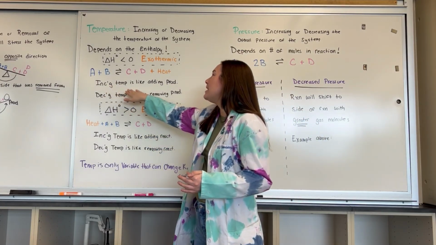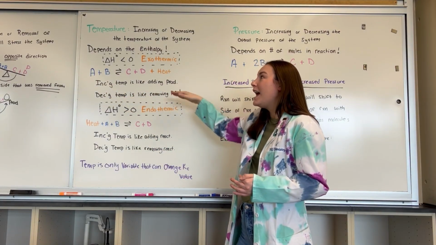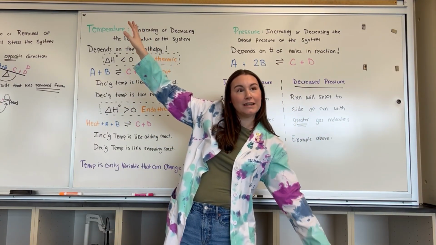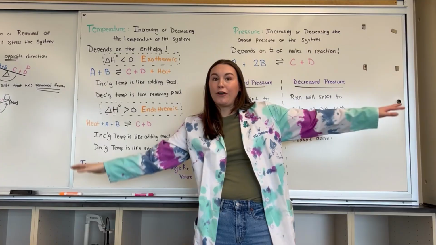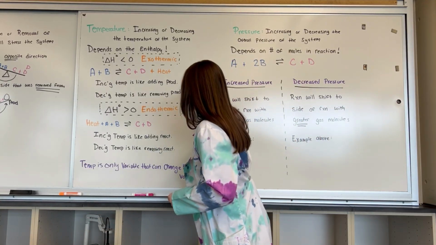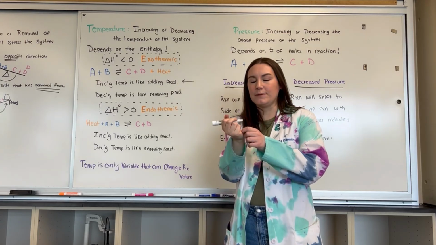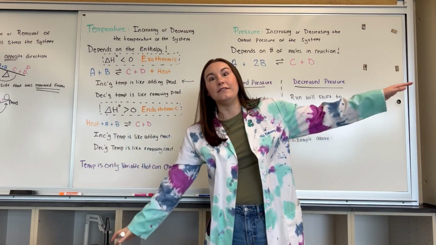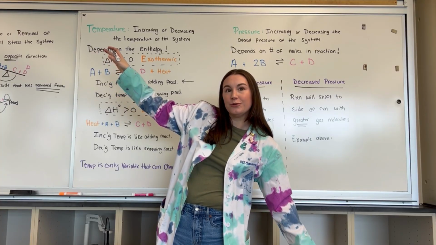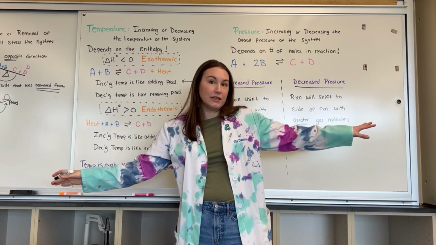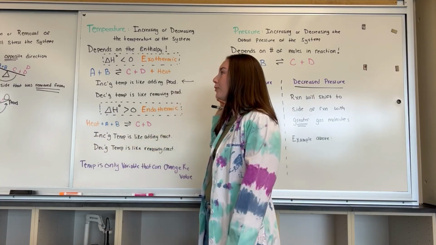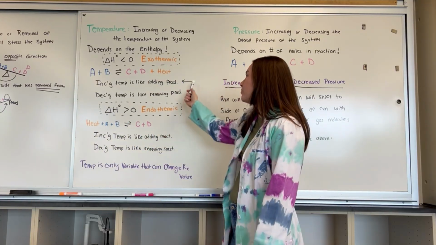So increasing the temperature is like adding a product, and if I add product, I'm making this side heavier, so I'm gonna go in the reverse direction towards my reactants in order to alleviate that stress. So I'm adding heat, I'm adding a product, so in order to alleviate that, I need to move towards my reactants, I'm moving in the reverse direction. It's like adding a product.